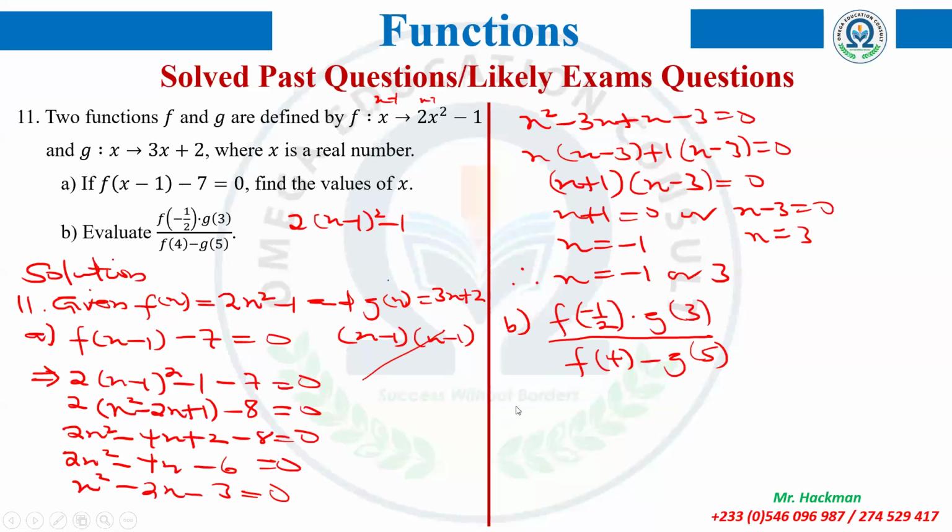So you come and write: f of minus half, you go and solve, simplify. g of 3, simplify. f of 4, simplify. g of 5, simplify.